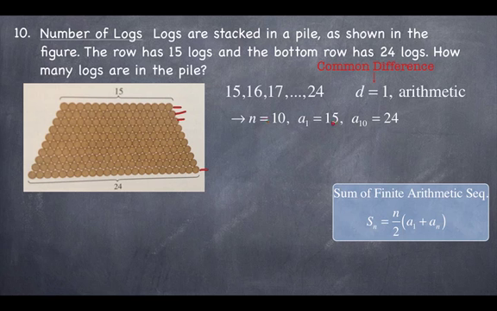The first term is 15, the last term is 24, which corresponds to the number of logs in the first and last row. Plug it into the formula, and this is your final answer. 195 logs are stacked in this pile. And this concludes the video of section 8.2.